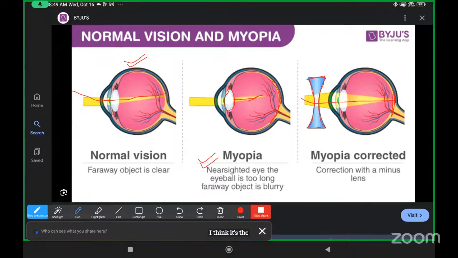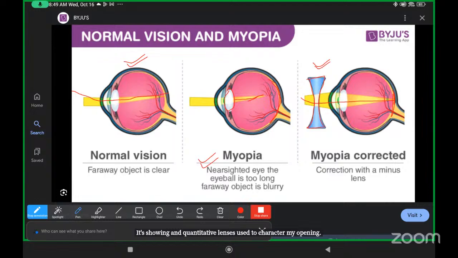One second, let me confirm it. Isn't this myopia with the concave? It shows concave, yes. Concave lens is used to correct myopia.